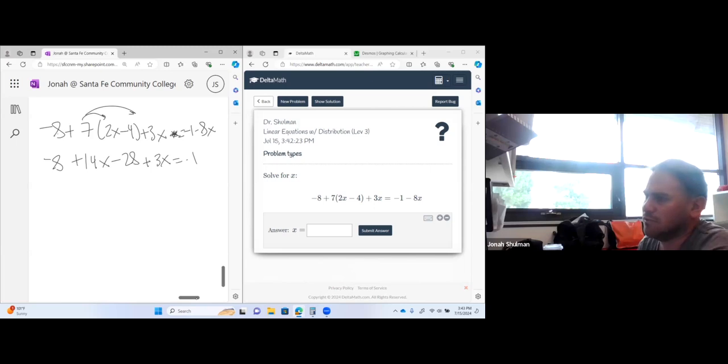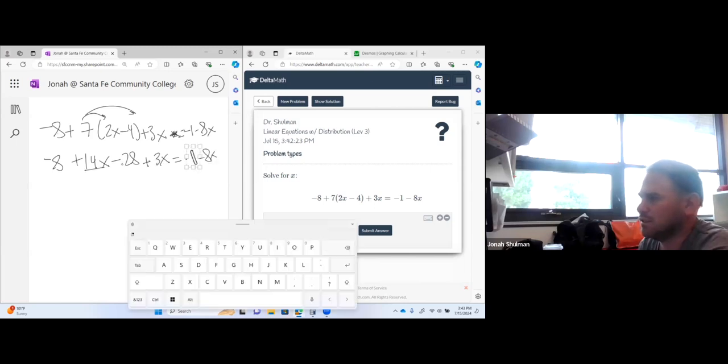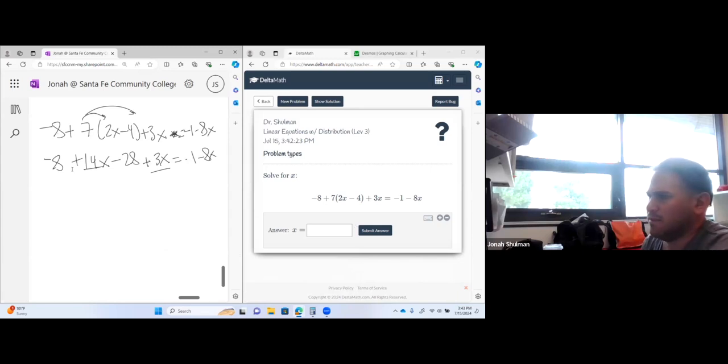So to do this, I've got to put my terms together. 14 and 3 is 17. Negative 8 and negative 28 is a negative 36 equals negative 1 minus 8x. I always leave my x's on this side.